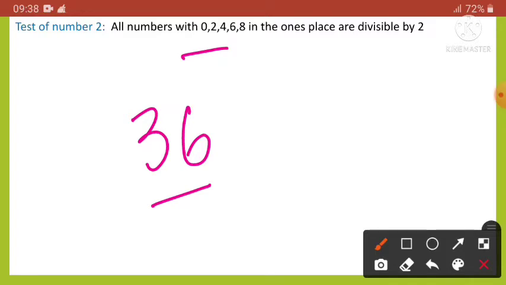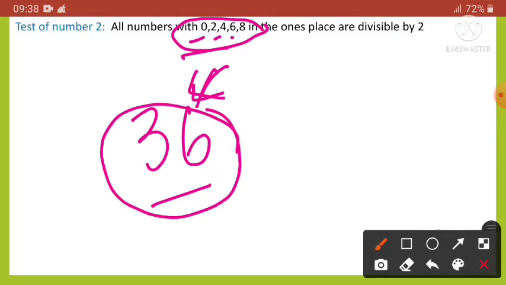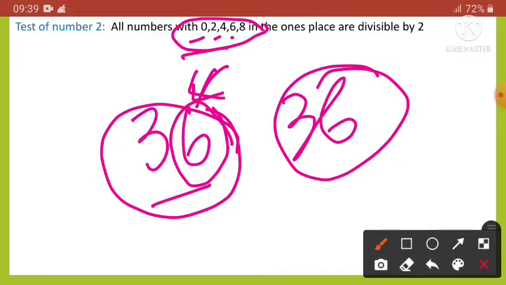Look at the ones place number, it is 6, and the rule says that if the ones place has 0, 2, 4, 6, 8, the whole number is divisible by 2. So as the ones place here is 6, we can say that 36 is divisible by 2. We don't need to divide the number, just checking the rule we can say that.